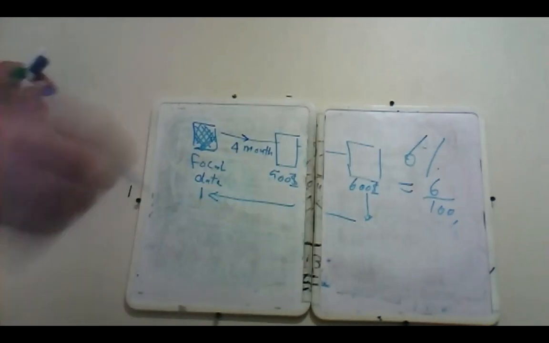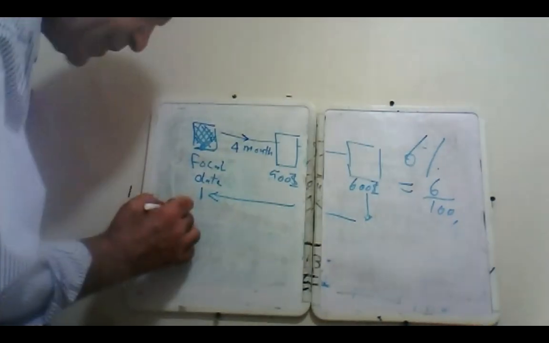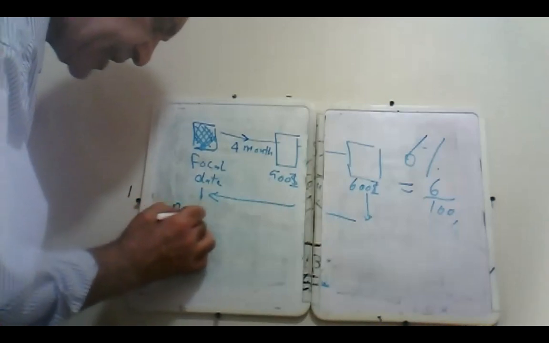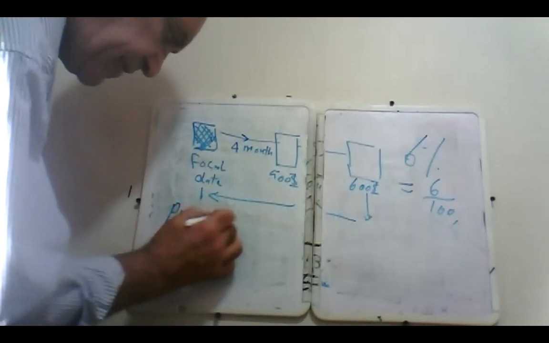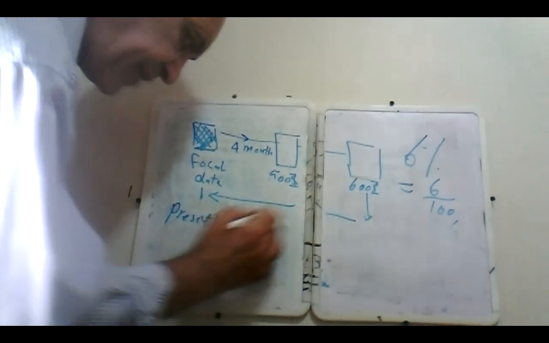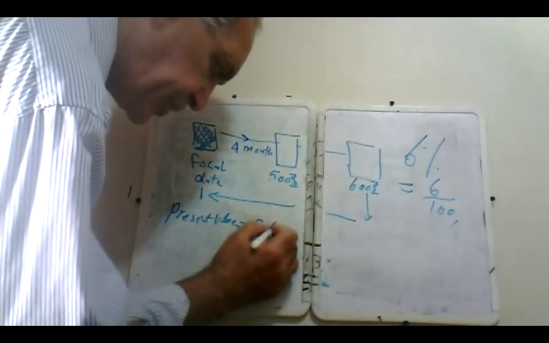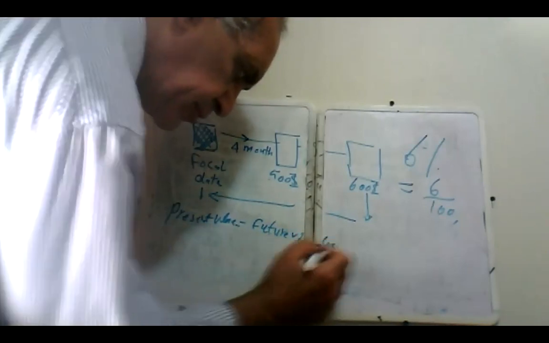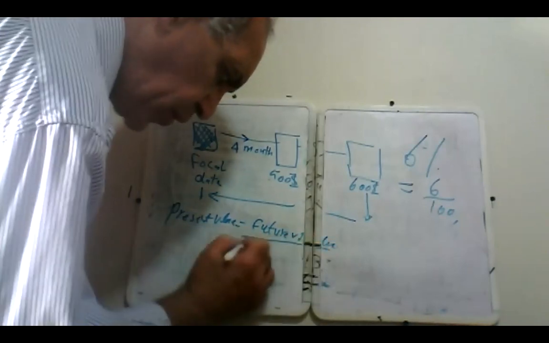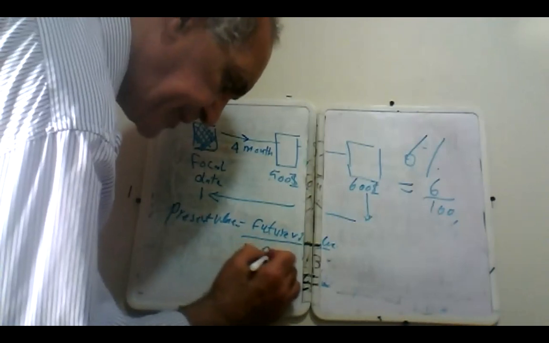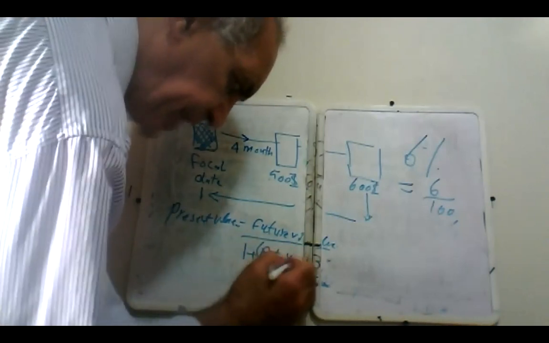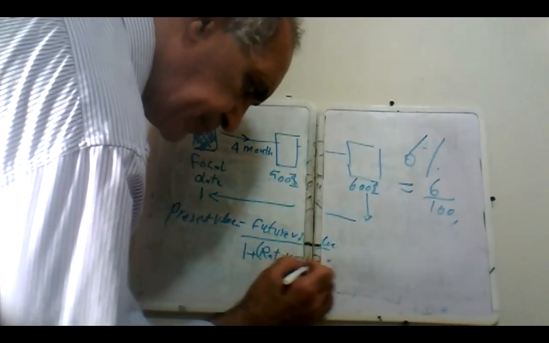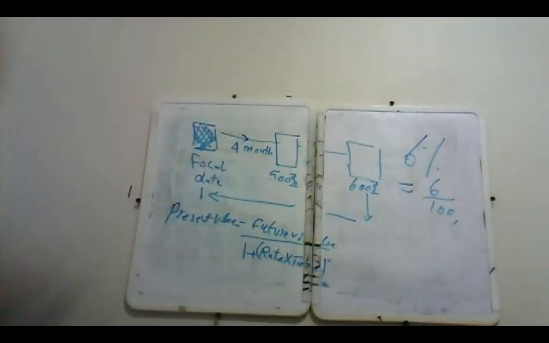Same thing. I would say that the present value equals the future value divided by 1 plus rate by time.